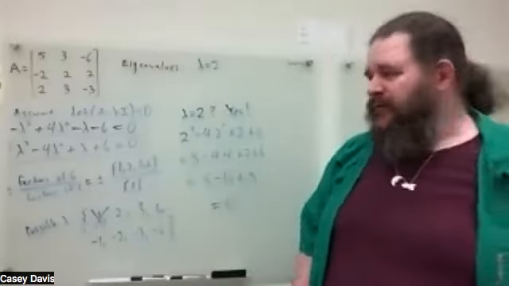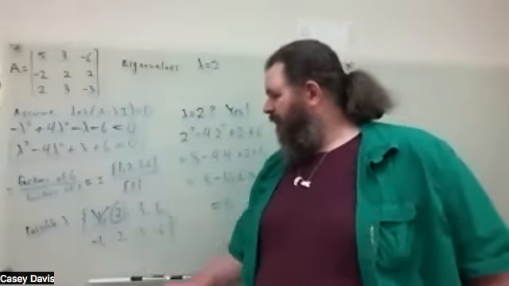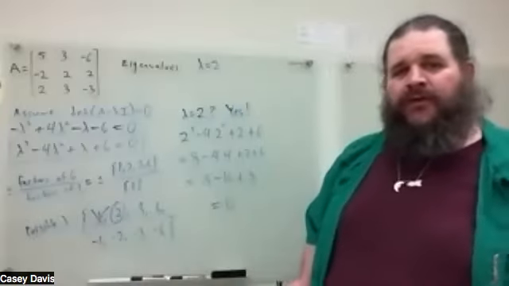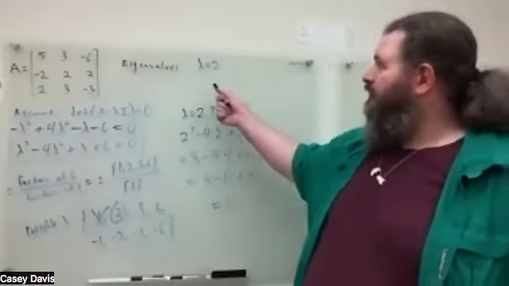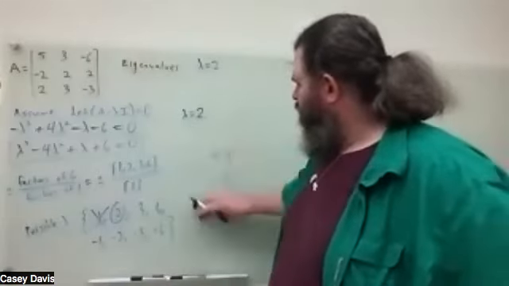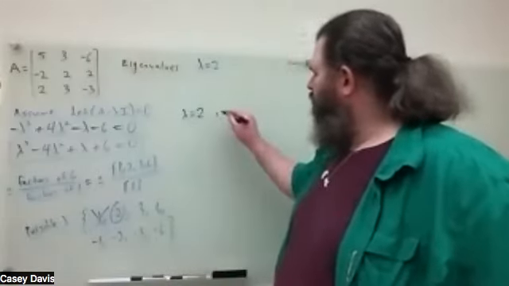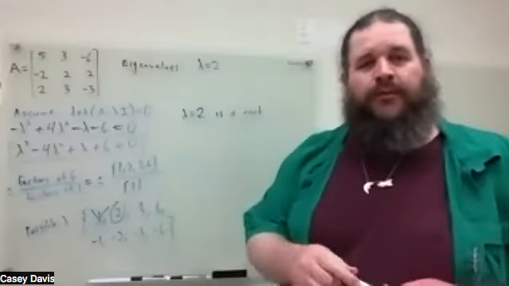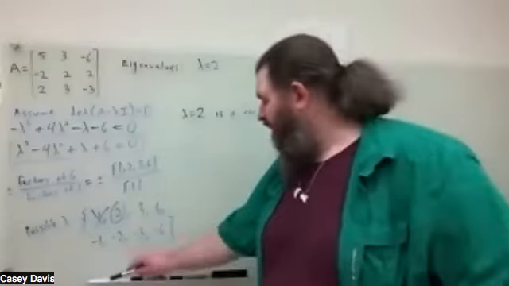And what we can do with that, we can just leave that and continue checking these values. But sometimes a more useful way is, now that we know lambda equals 2 is a root, if 2 is a root, then lambda minus 2 should be a factor.